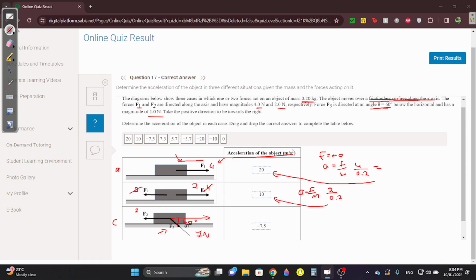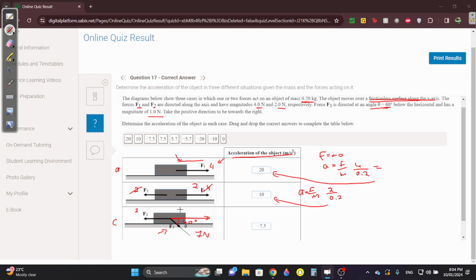Now we want the x component of the force. We want this part of the force, right? To find the acceleration. How do we find that? If you remember the question with the inclined plane, it was a few questions back.